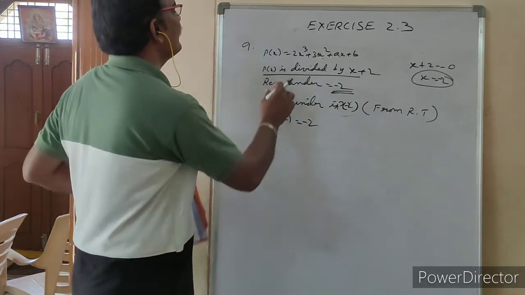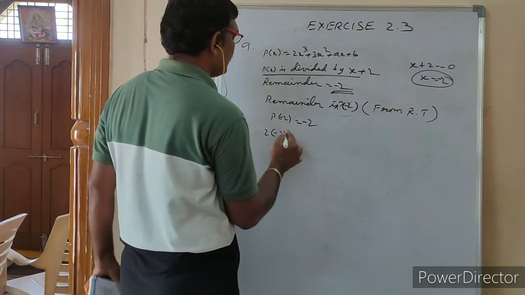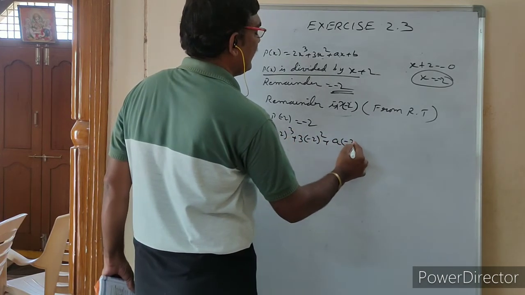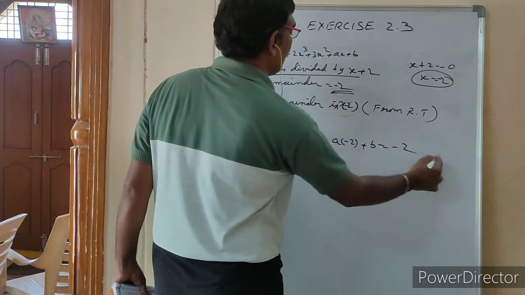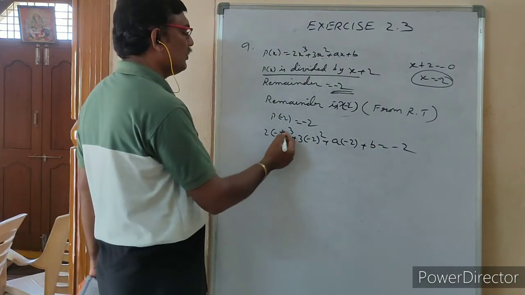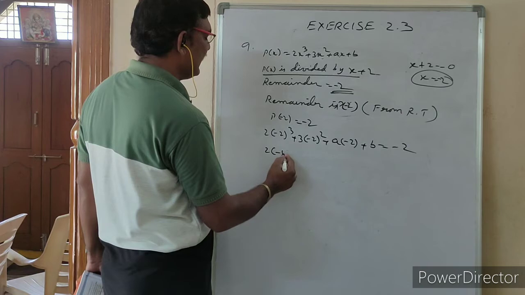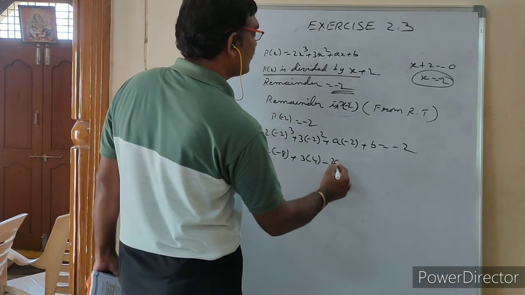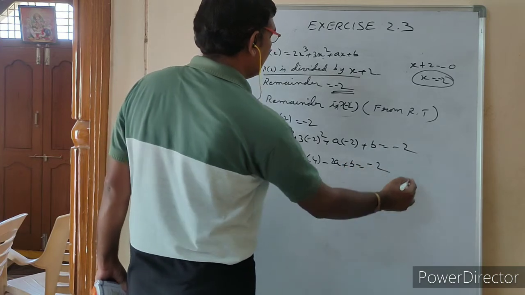Now substitute minus 2 in place of x here. 2 into minus 2 whole cube, plus 3 into minus 2 whole square, plus a into minus 2, plus b is equal to minus 2. Minus 2 whole cube is minus 8, and minus 2 whole square is 4. Minus 2a plus b is equal to minus 2.